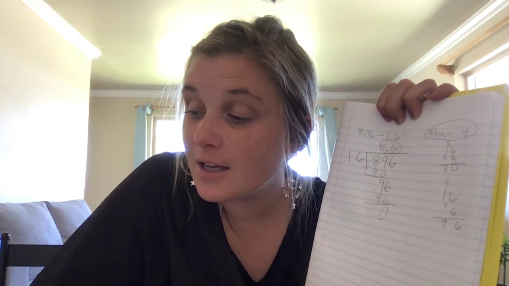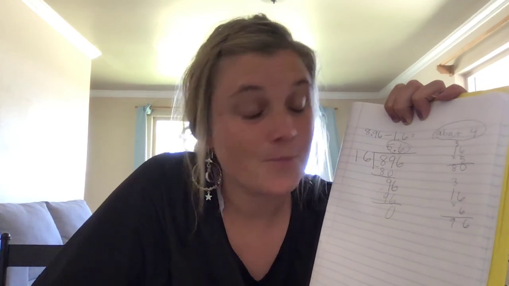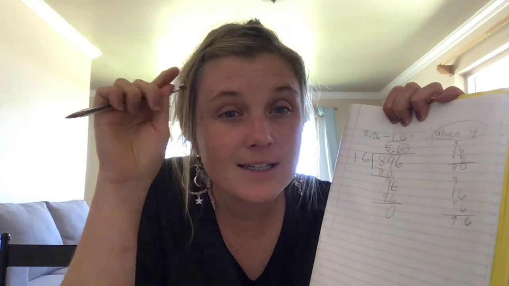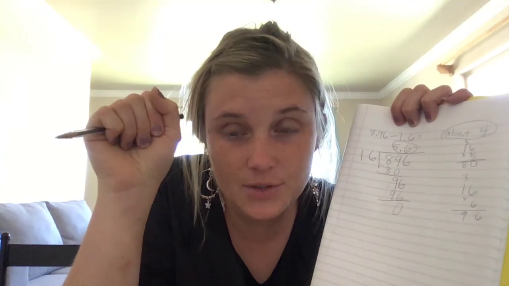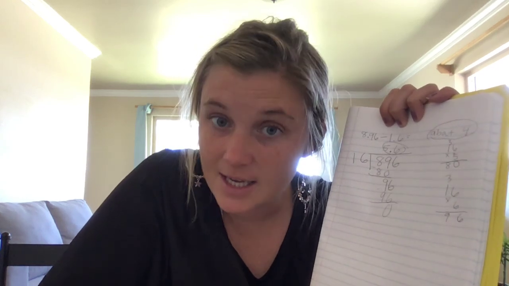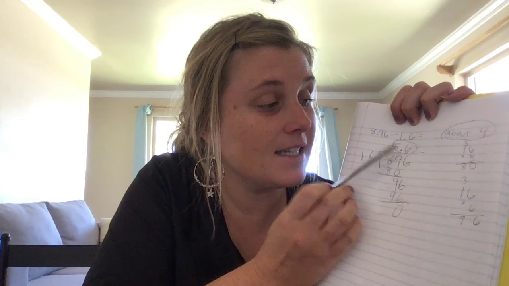Okay? So whenever you see a division problem with decimals, you kind of do it in your head to see about what the answer is going to be. Then you just divide, and you can use any method. You've learned some other methods. Then you find the answer. Then you place the decimal point back in where it needs to go.